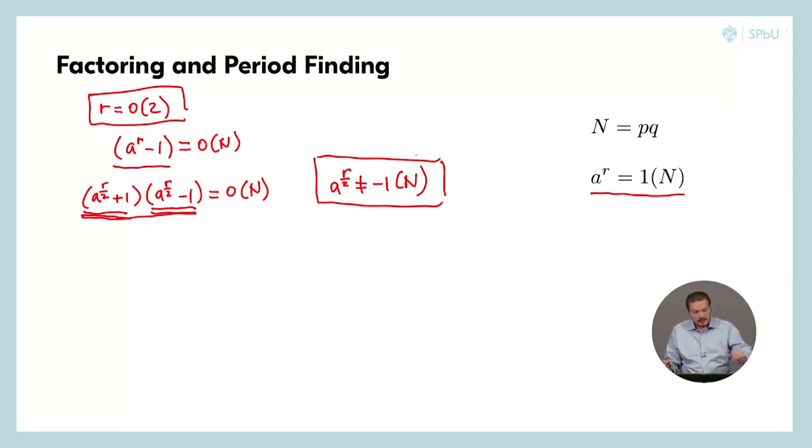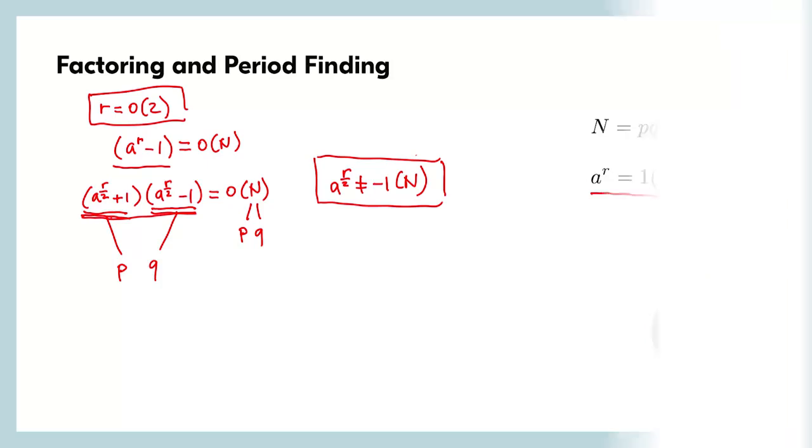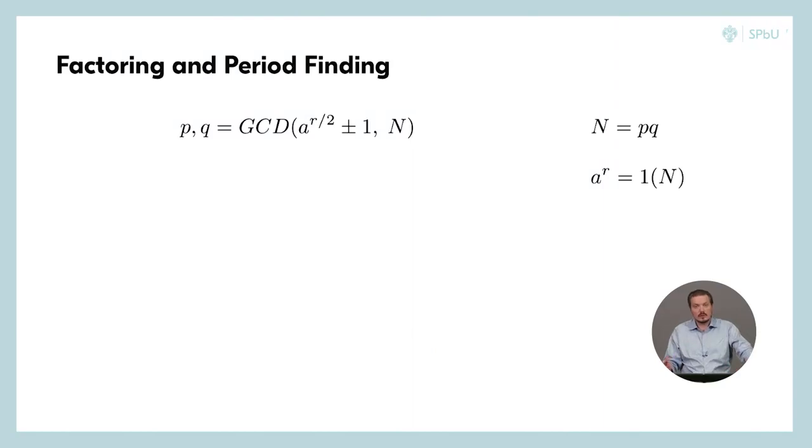And in this case, we have two factors. n divides their product, but does not divide any of these factors separately. This means that the factors of n itself, p and q, are situated in different factors here. And we can search for them by the Euclidean algorithm.